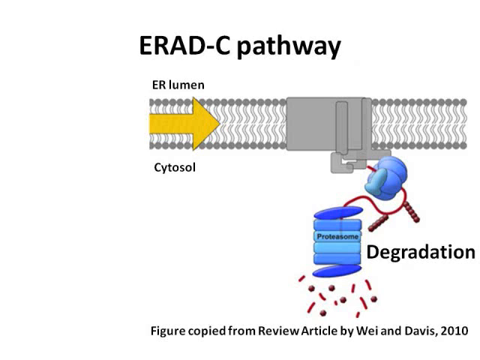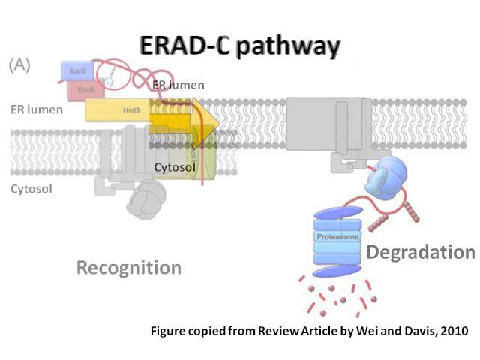So that's the ERAD-C pathway. My article of focus does not deal with the ERAD-C, as it does not involve the HRD1P ubiquitin ligase complex that they studied, and as a result, it will not be discussed any further. Just be aware that it does exist in yeast.